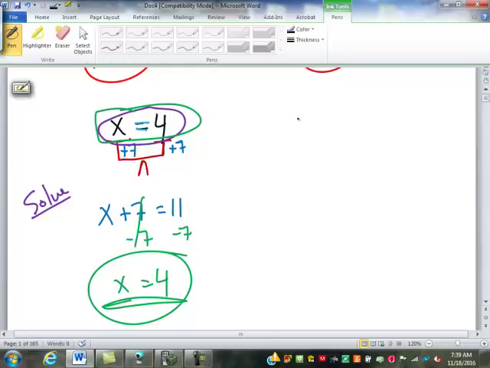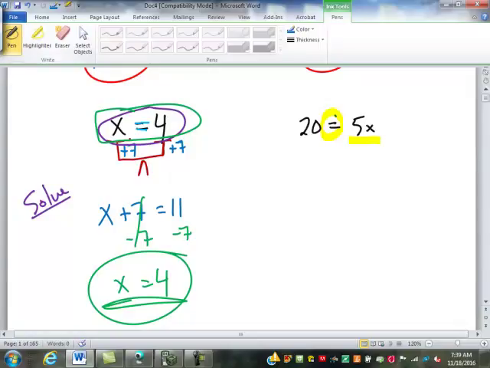So if we have something like 5x equals 20, or 20 equals 5x, the way we figure out how it was built is we find the equal sign, then we identify which side of the equation has the variable on it. Then we ask ourselves, what's keeping that variable from being alone?